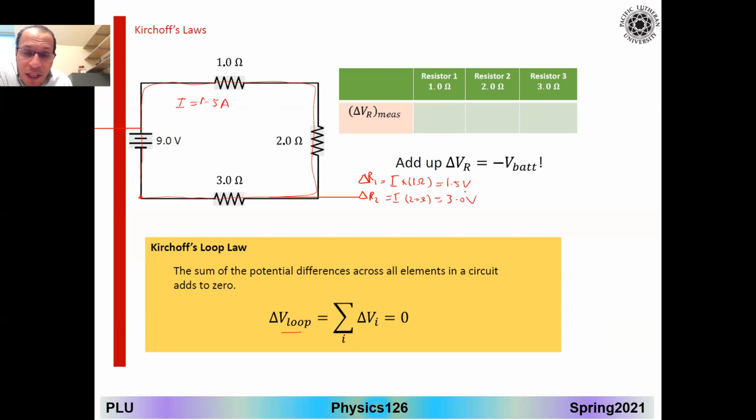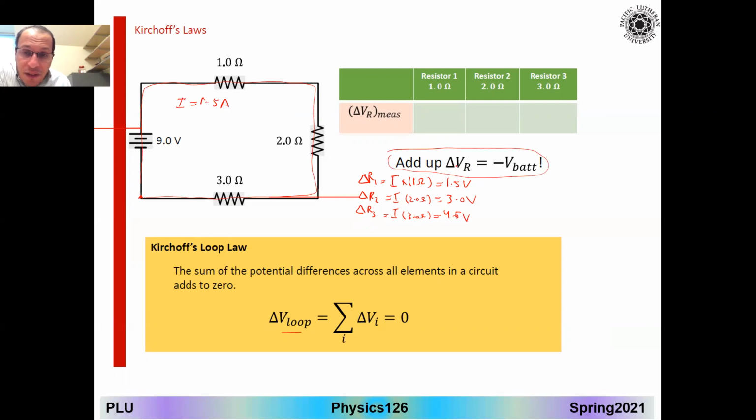Now, without calculating the third one, 1.5 plus 3 is 4.5, and I have 9, so the remaining voltage will be 4.5. Let's confirm that. Delta V R3 will be I times 3 ohms, and I end up with 4.5 volts.